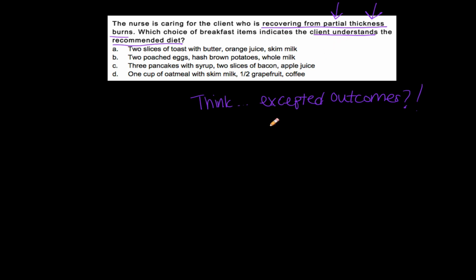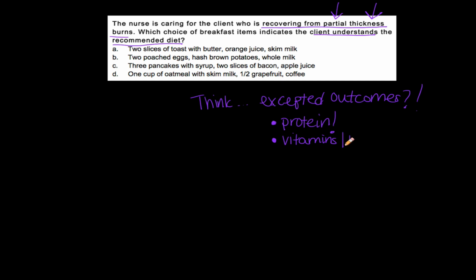So if I'm thinking expected outcomes, what does this client need to be eating when they're in the recovery stage? What are we thinking, guys? Protein, right? Protein for tissue healing, for wound recovery. You may be thinking to yourself, well, they're going to need lots of vitamins and minerals to help rebuild that tissue.